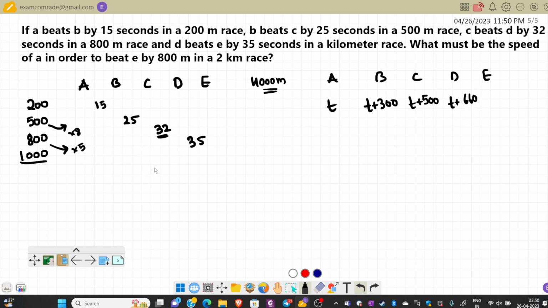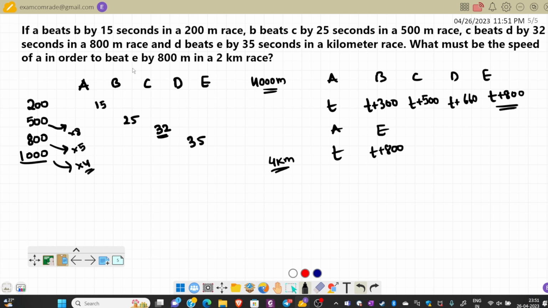The last case, for converting 1000 into 4000, we need to multiply with 4, so 35 into 4, 120 plus 20, 140, so 660 plus 140, that is t plus 800. Finally we can conclude that A takes t time and E takes t plus 800 in a race of 4 kilometers. Now come to the question.